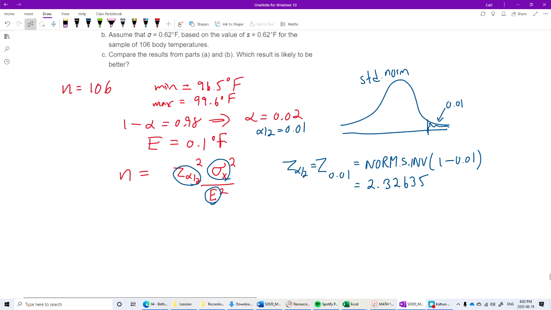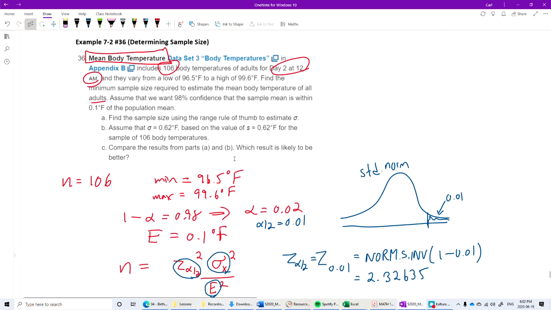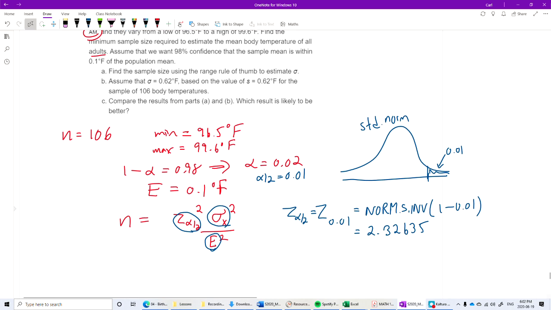Okay, now what about sigma? Part A here is basically giving us some instructions for estimating sigma.